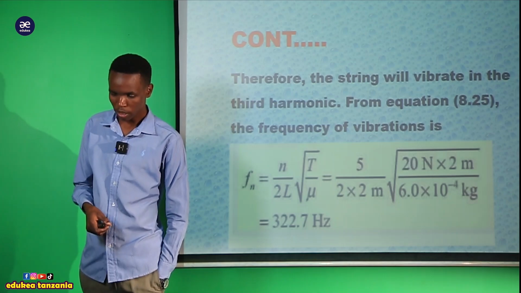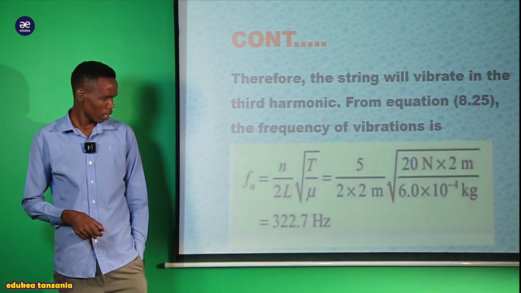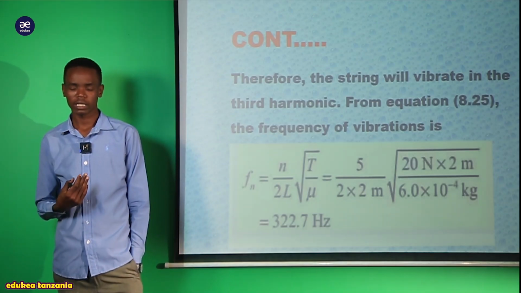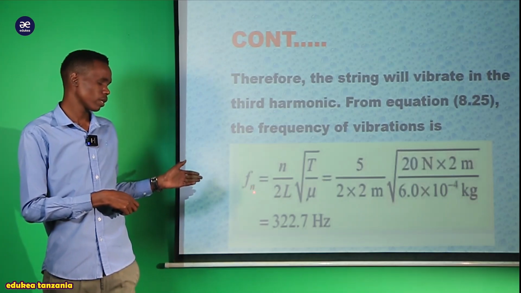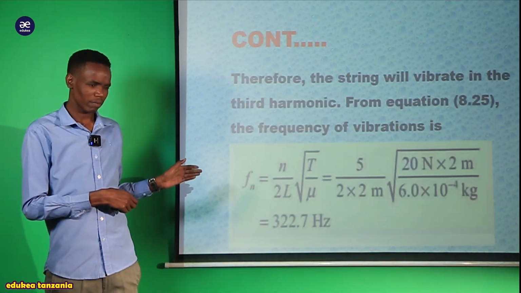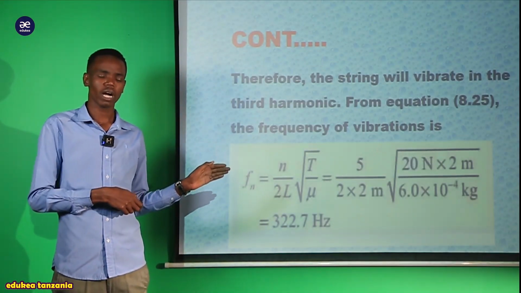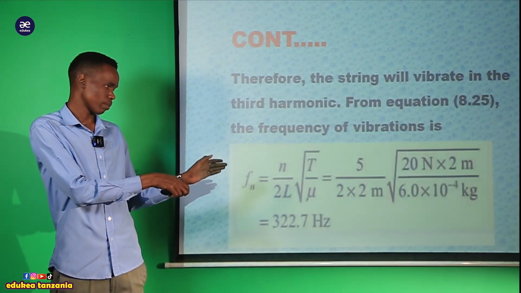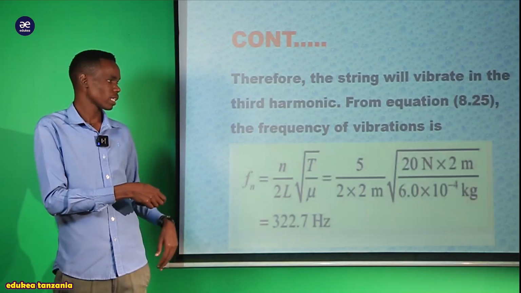If we substitute, we should obtain that the frequency of the third harmonic must be equal to 5 divided by 2 times the value of length, which is 2, and we multiply by the square root of the tension.